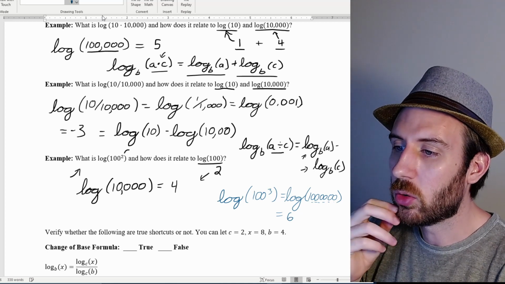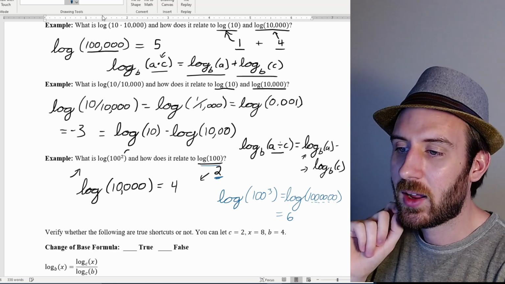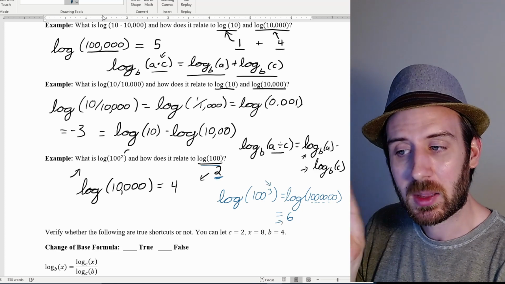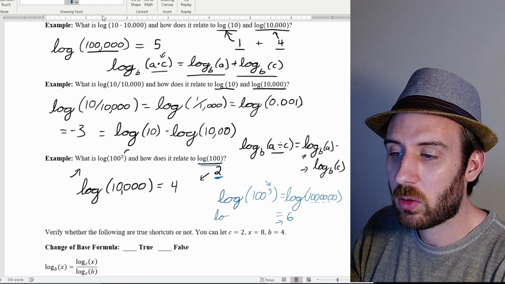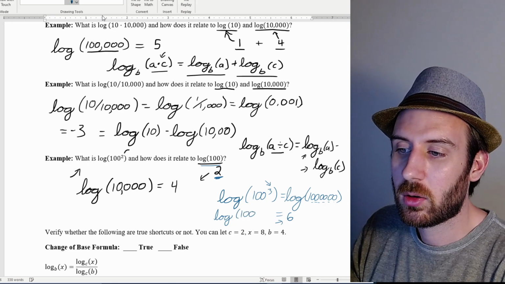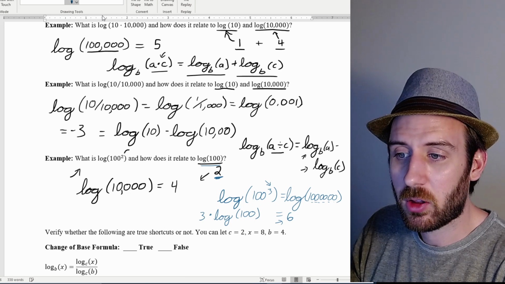So what did we do between the logarithm base 100 with this 2 and the 3 to get us to 6? And we might be able to recognize what happened. What we did here was we found the logarithm of 100 and then tripled it. Because after all, isn't that exactly what we did?